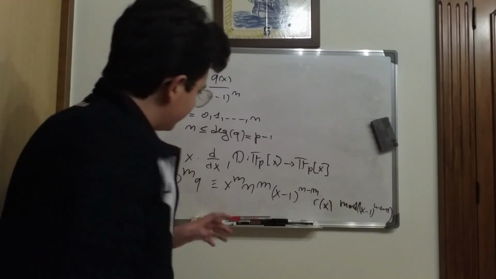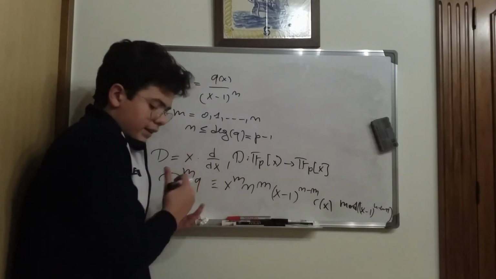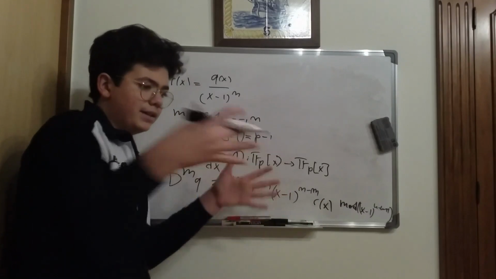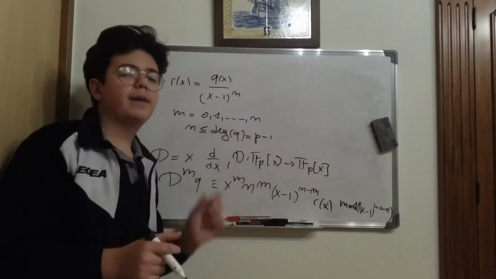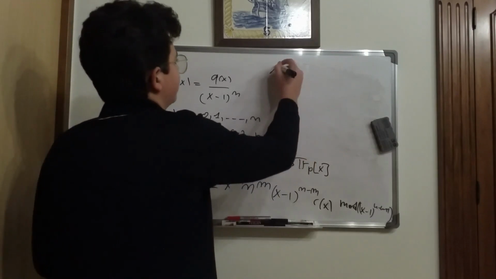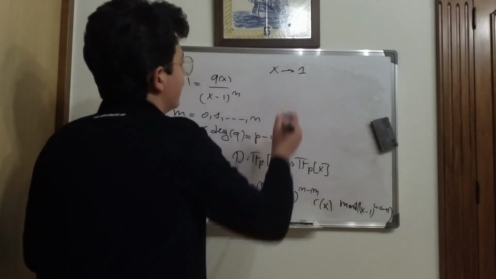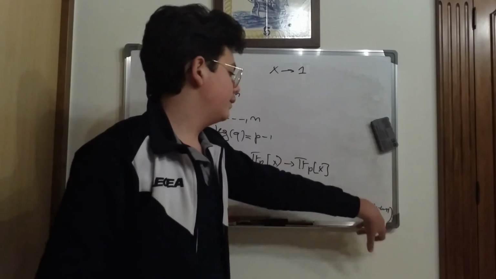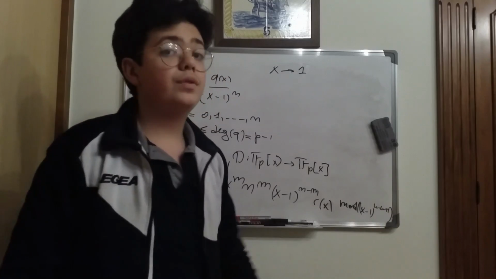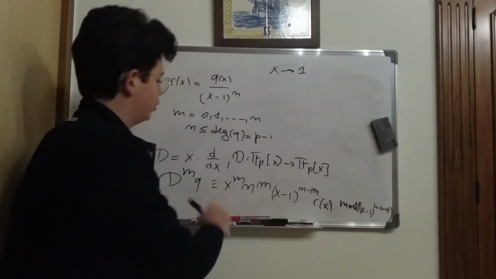Now, when I apply the derivative m times on q, I obtain many terms, and when I study what happens for x equal to 1, every term with this factor is equal to 0, and so I have just this term.